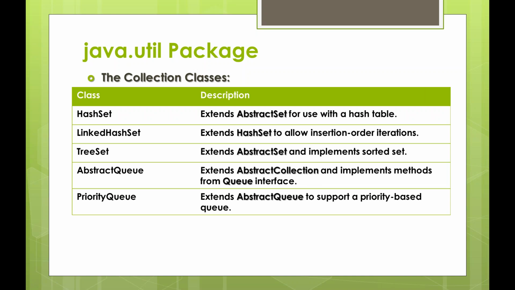Most of them are implemented by your abstract collection class, because abstract collection implements the collection interface, and this class is extended by almost all the classes in your collection framework. And priority queue extends your abstract queue, but supports a priority-based queue, based on the comparator you provide. Just wanted to let you know all.